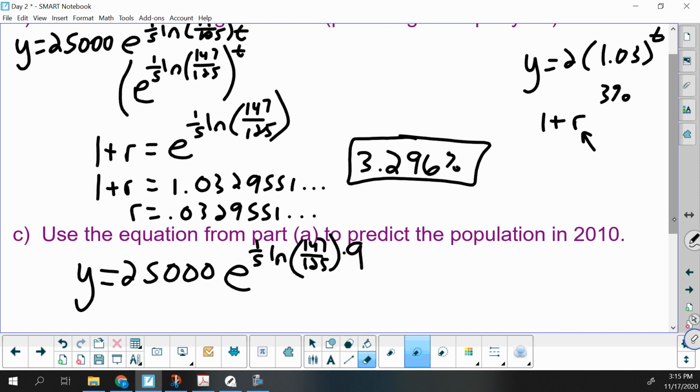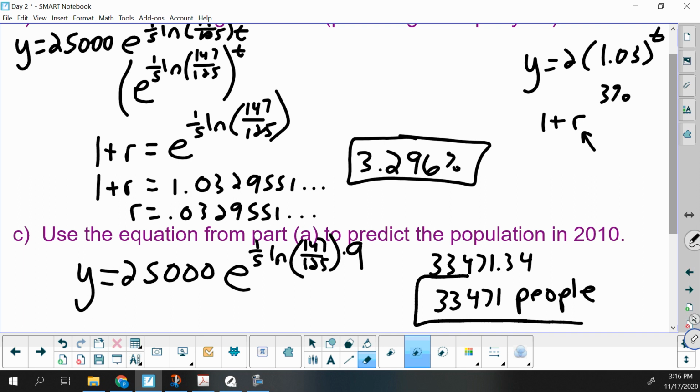And really, we could use that equation to predict any population value right now. So 33471.34 we would get. So we've got people, so to the nearest person, it would have to be a whole number. And on the AP, if it's not going to be a 3 decimal places type of thing, they'll usually tell you specifically to round to the nearest person or whatever.